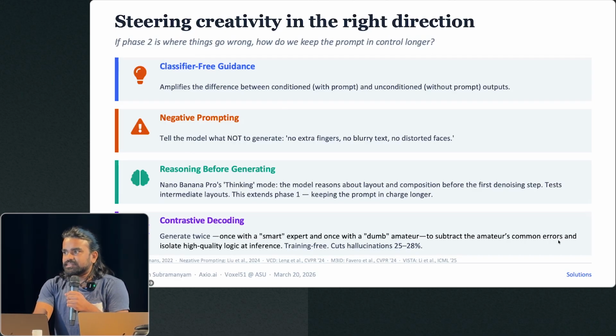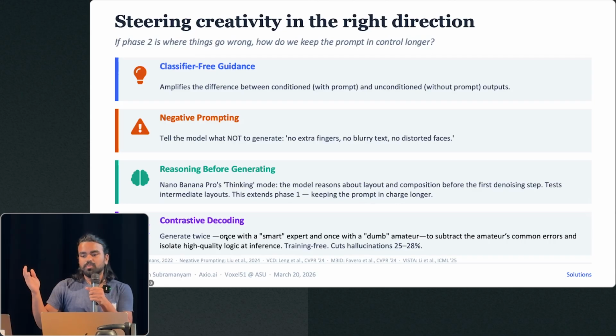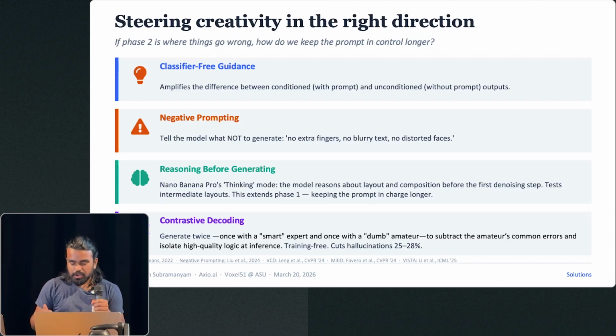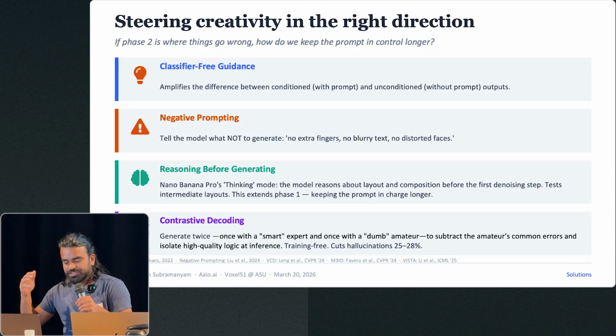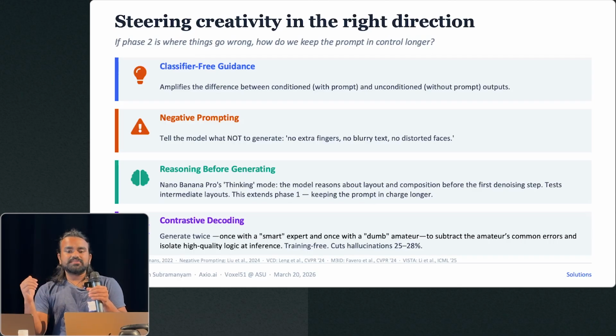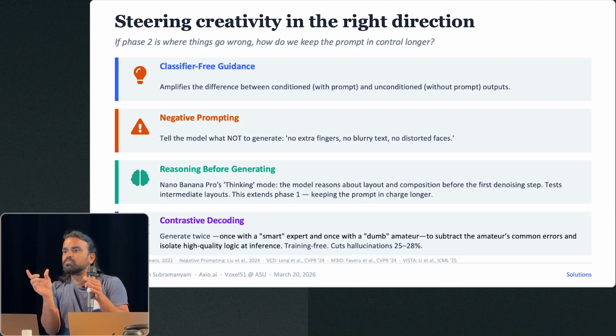Or there is another interesting line of work, contrastive decoding. It's very close to classifier-free guidance: we generate twice, first with a really good model. It's like writing the correct answer in the purview of a professor and a student, and comparing the gap.